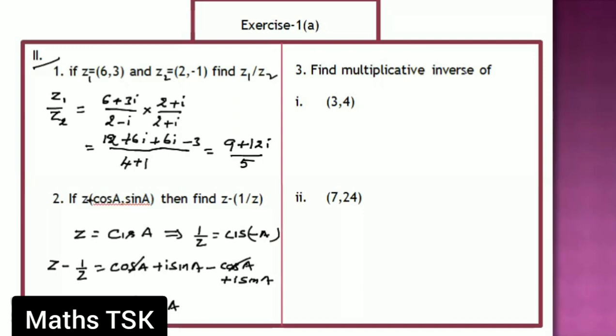Next one, what is the multiplicative inverse of 3 comma 4? If you consider this as z, z can be written as 3 plus 4i.